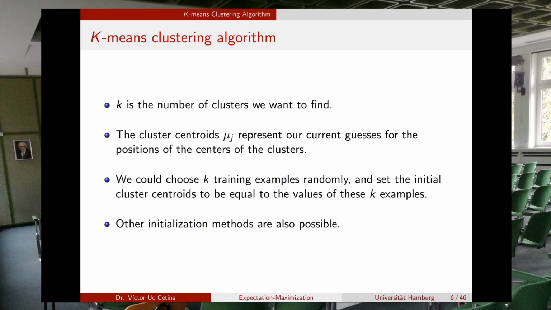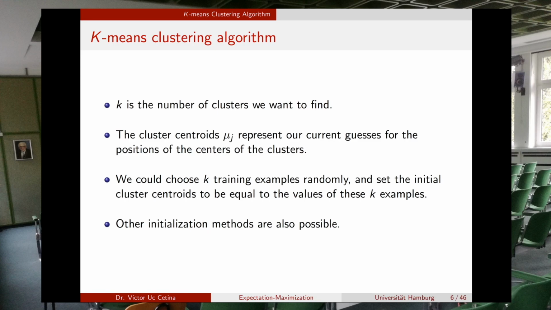So the simplest one is to take your input data set. Suppose that you are given 1000 input vectors, and if you are going to experiment with k equals 3, so you are assuming that there are 3 clusters, then you simply select randomly 3 of your 1000 input vectors, and these 3 that were selected, you can assign them as the initial centroids.